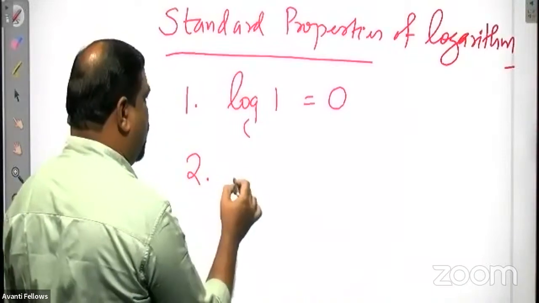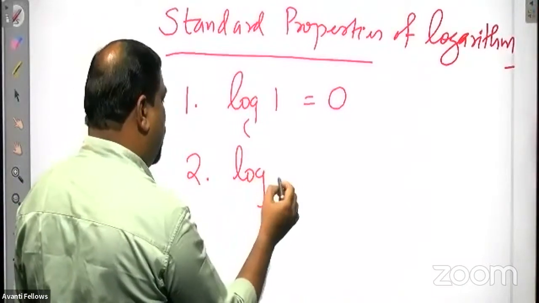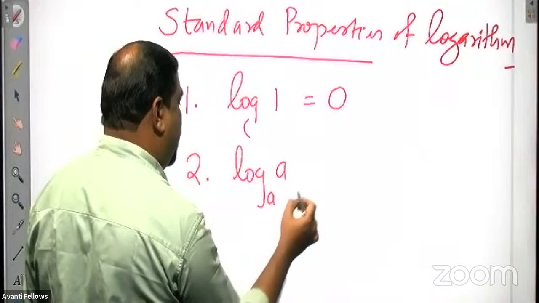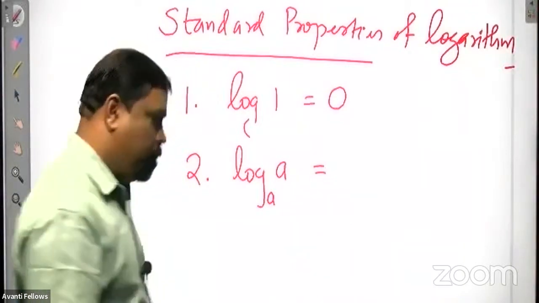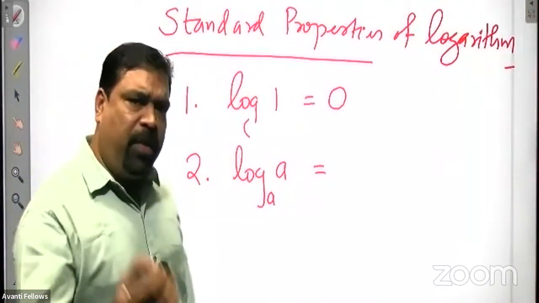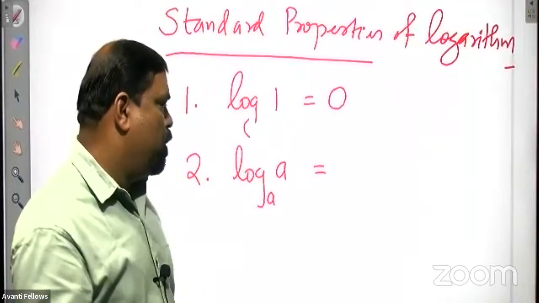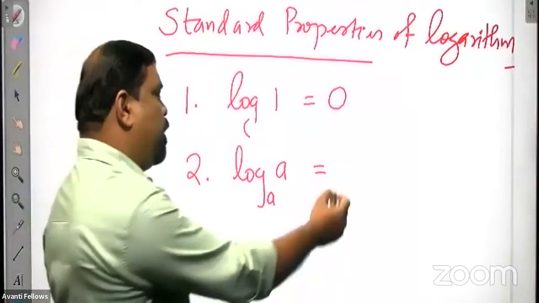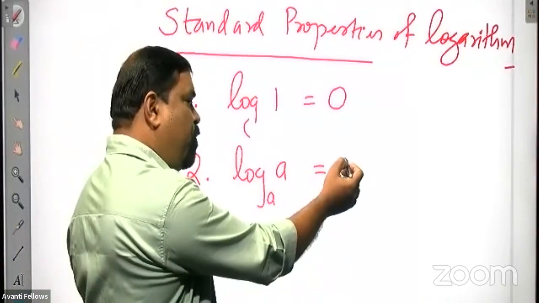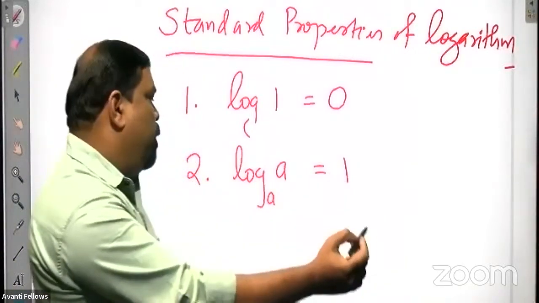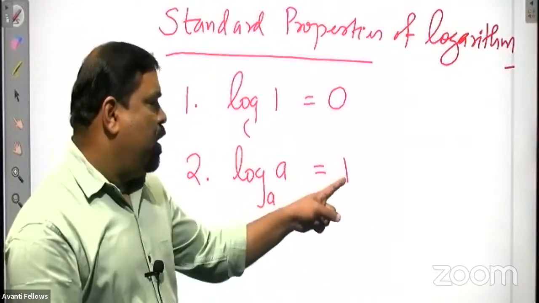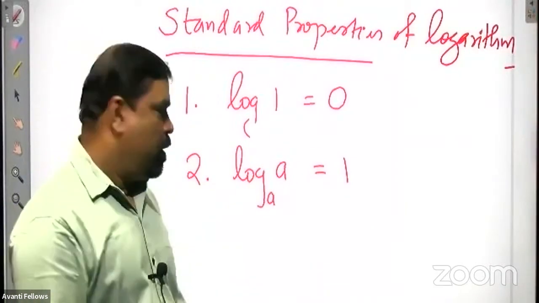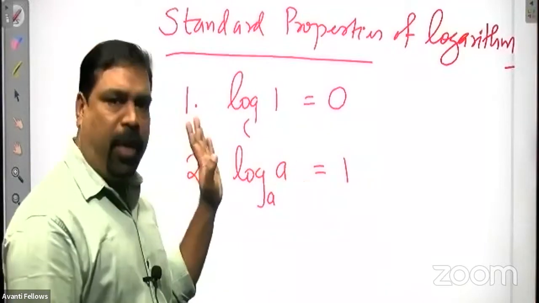And another property: log of a to the base a. I am telling very fundamental properties actually. What must this be? It must be 1, because we know a raised to 1 is equal to a.